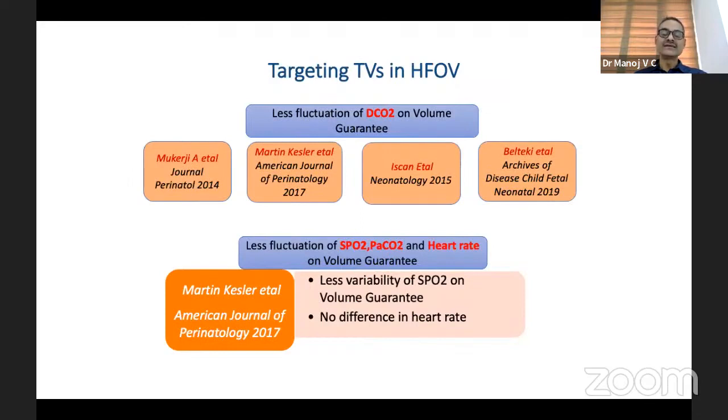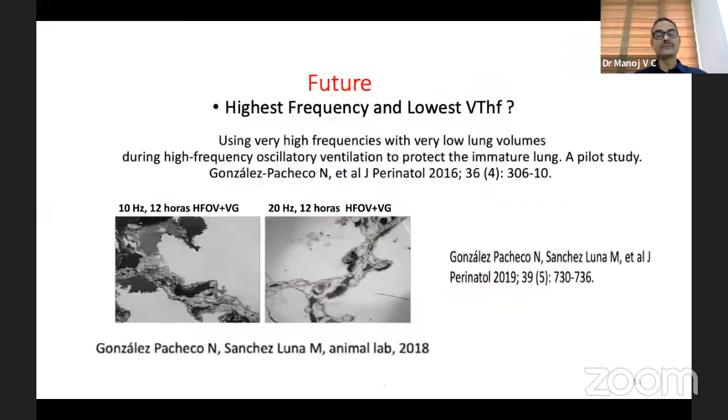And even in Martin Keszler's small observational study, they found oxygenation also is stabilized and heart rate is stabilized on volume guarantee, that they used the VN500 for this actually. So all the evidence we have is positive, saying that targeting tidal volume improves outcome, but the evidence is not strong enough to recommend it as a standard of care.